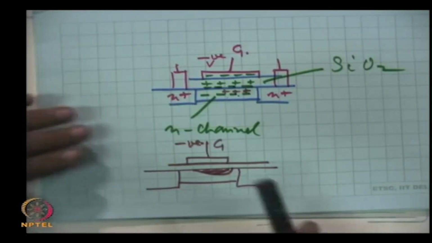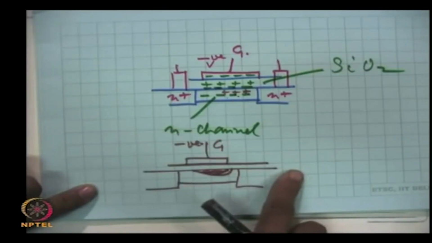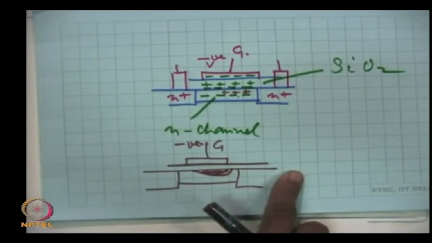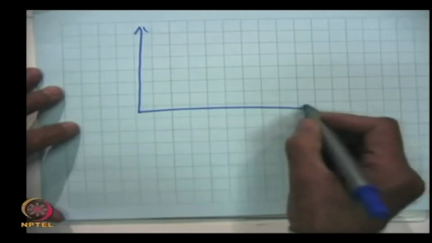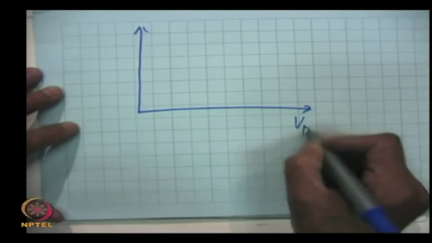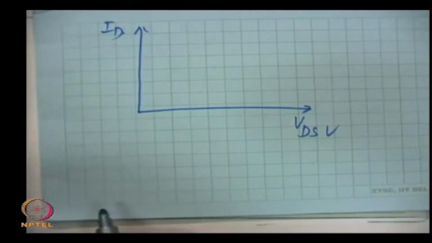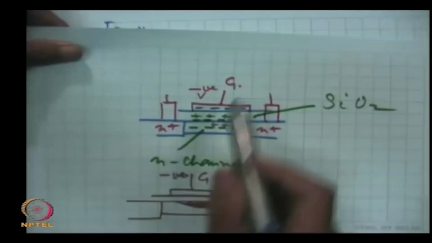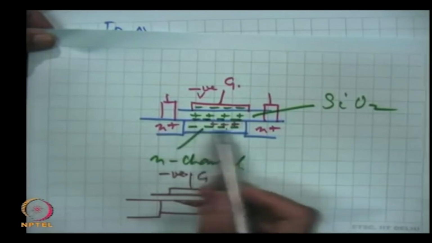If now we keep this constant, there will be a current, and these will be the characteristics here. This is VDS volts, this is ID. If the gate source voltage is kept 0, then this is the channel.